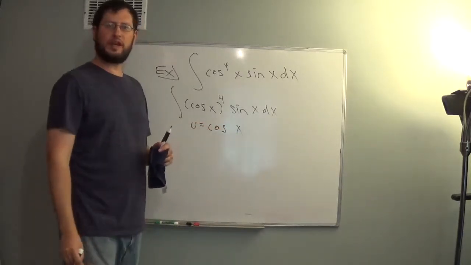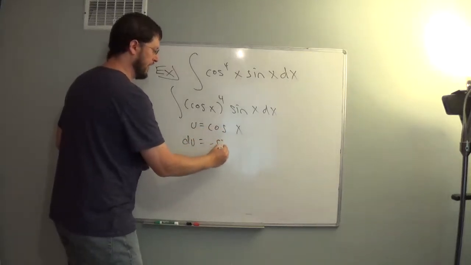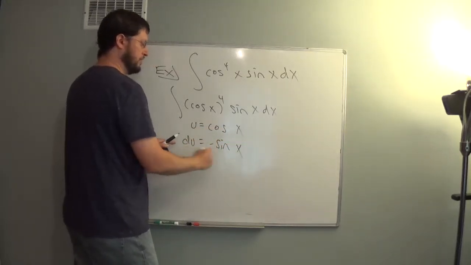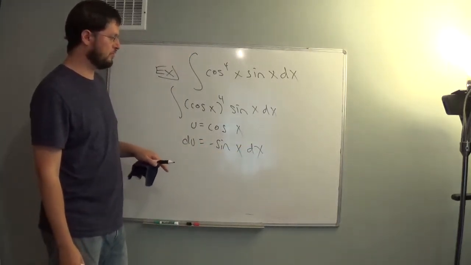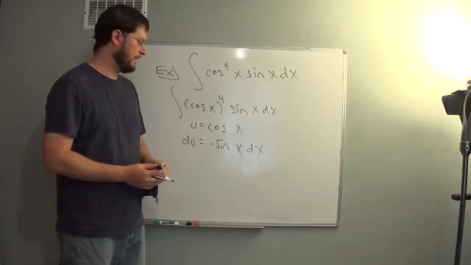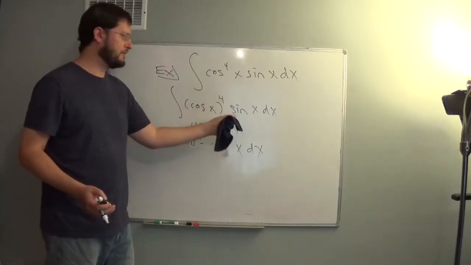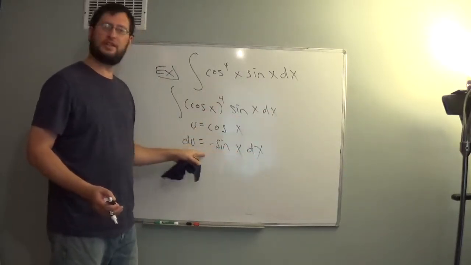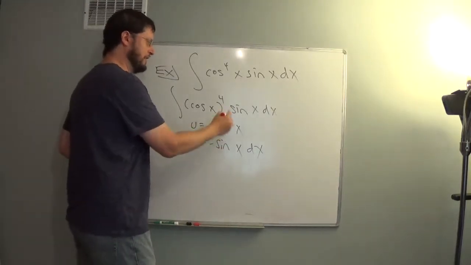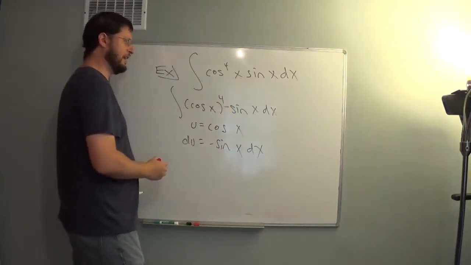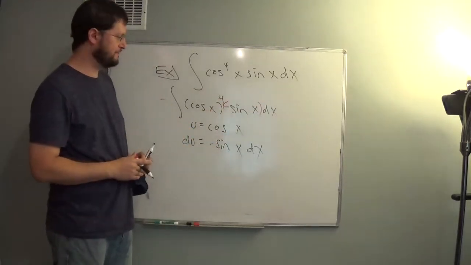If U is equal to cosine x, then the derivative of cosine is negative sine x dx. Remember, this is how we write our derivatives when using U substitution. This is good because this will become U raised to the 4th power, and the sine x dx is essentially what I have for du. Although, just as with the previous example, I need negative sine x dx, so I'm going to make that a negative sine x by putting a minus in and taking a minus out.